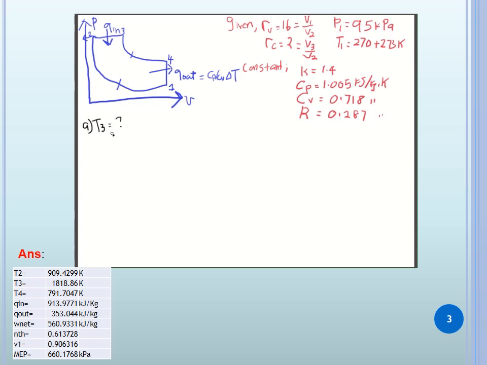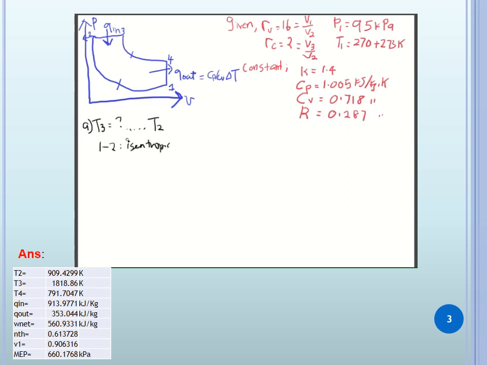We know that we have the temperature at 1, but we need to find the temperature at 3, and therefore we need to know the temperature at 2 first. The process from 1 to 2 is an isentropic process, so first we need to know the temperature at 2 before we can solve for the temperature at 3.